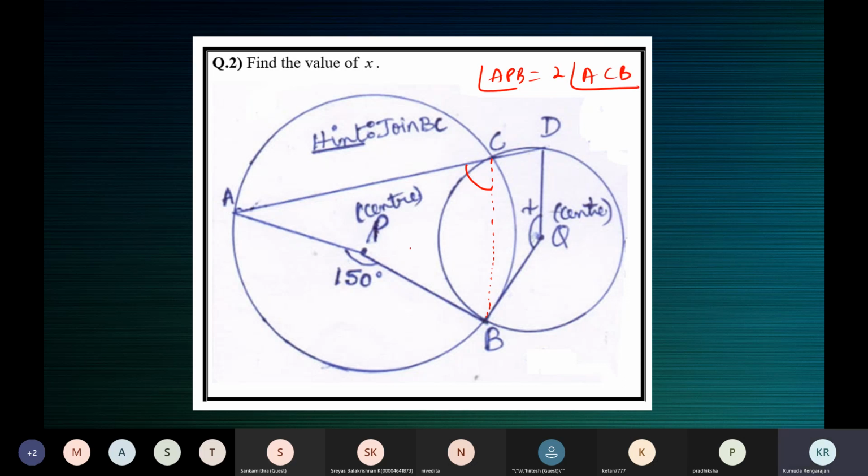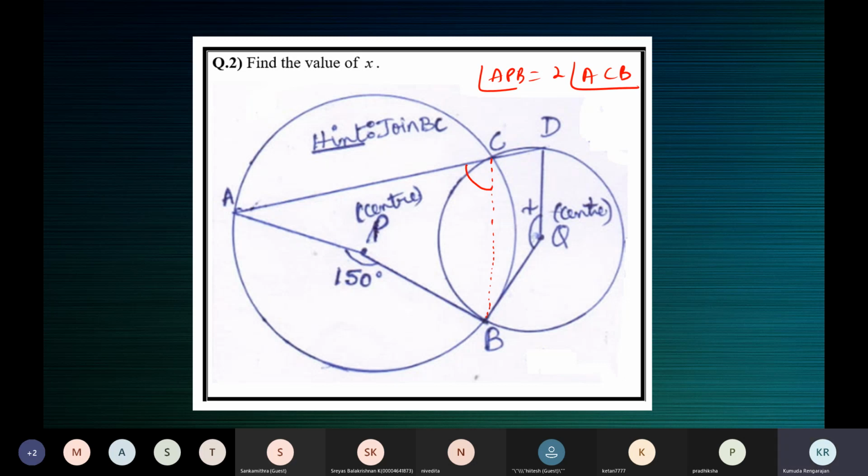APB is made by AB at the center P. The same arc AB makes angle ACB. APB and ACB are made by the same minor arc AB.